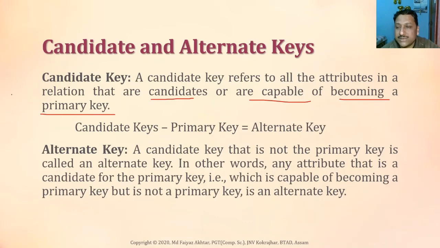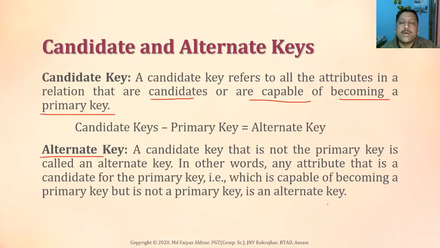And next one is alternate key. A candidate key that is not the primary key is called an alternate key. In other words, any attribute that is a candidate key, capable of becoming a primary key but is not the primary key, is an alternate key.